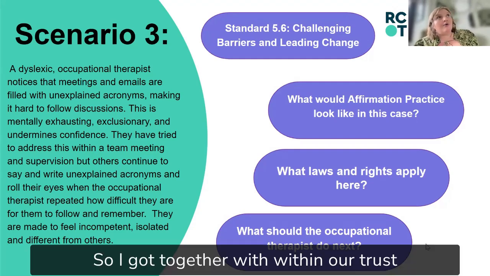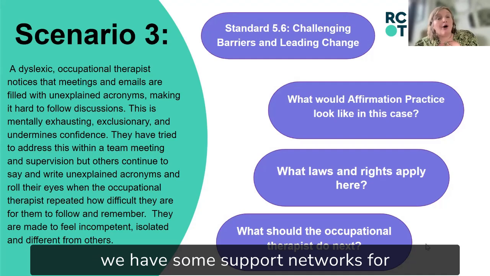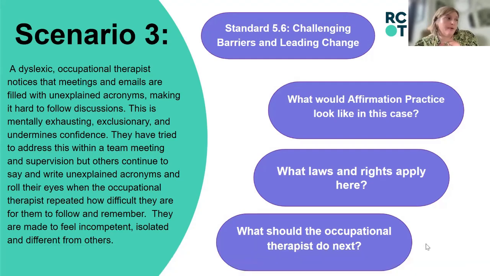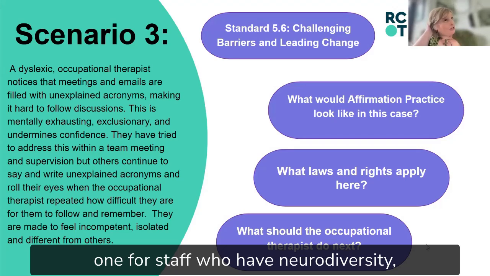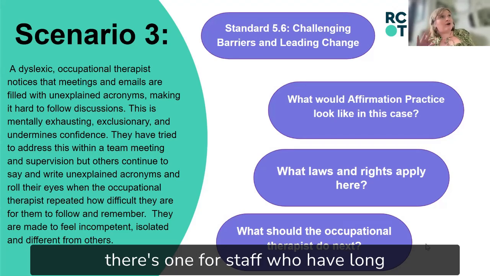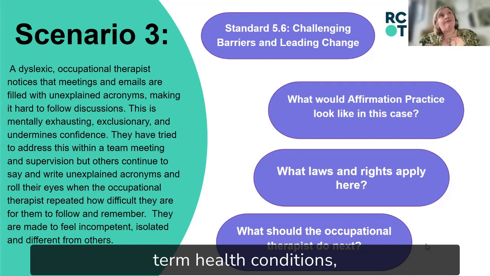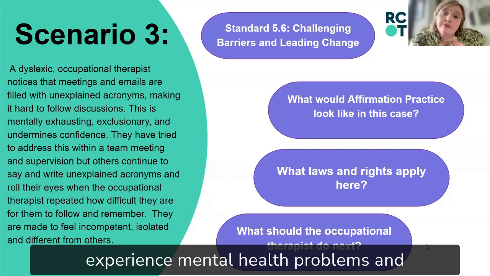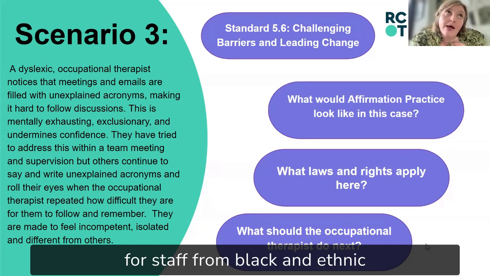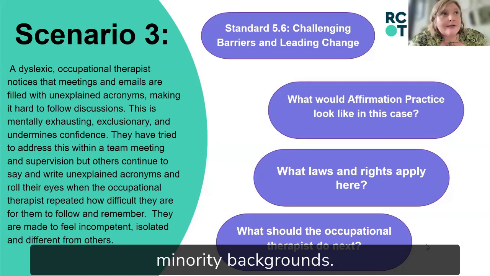Within our trust, we have some support networks: there's one for LGBTQIA plus staff, one for staff with neurodiversity, one for staff with long-term health conditions, another for people who experience mental health problems, and one for staff from Black and ethnic minority backgrounds.